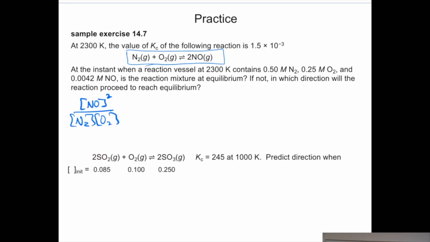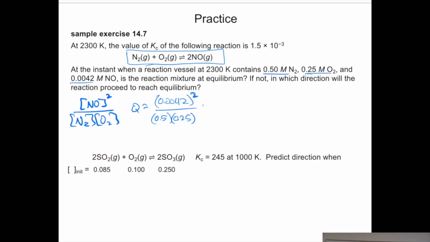Now, we're given the amounts the reaction vessel contains at the instant, so that's your Q. All right? So let's pop those in. Q is equal to, and we have to make sure we're careful here, NO, which is 0.0042, squared, divided by N2, which is 0.5 to the first power, and O2, which is 0.25 raised to the first power.